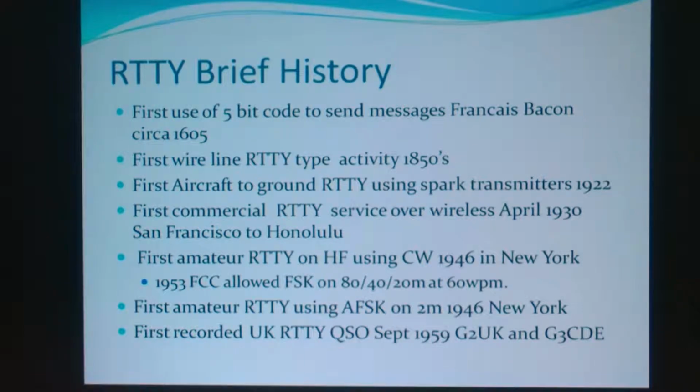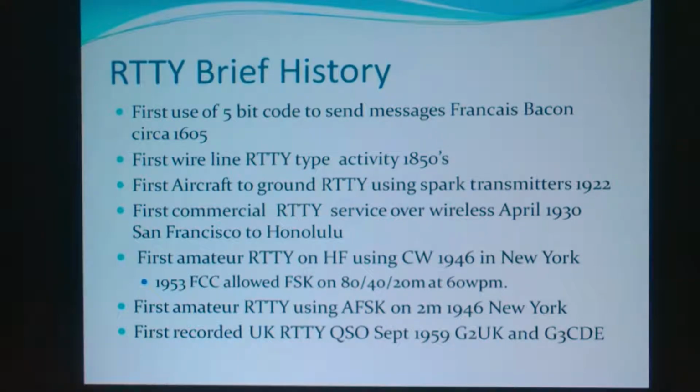So the first commercial RTTY service was 1930s, and then basically you jumped till after the war before there was any real amateur activity. And the first amateur RTTY that I could pick up on the web was in New York on HF. And interestingly, it used CW to send the characters, so it was carrier on, carrier off.